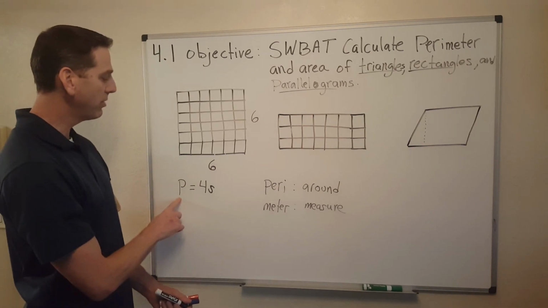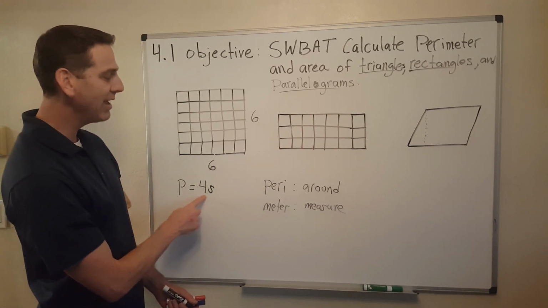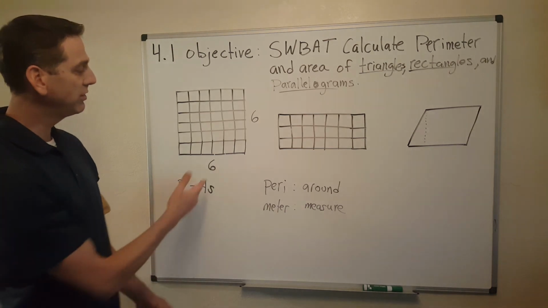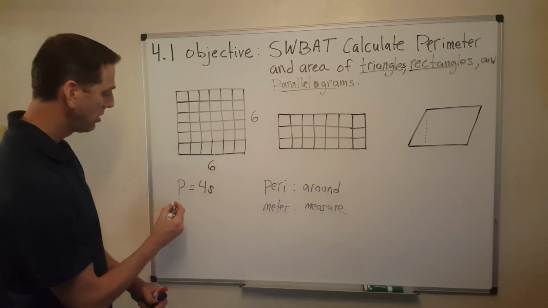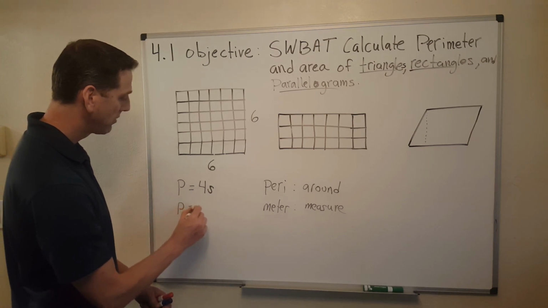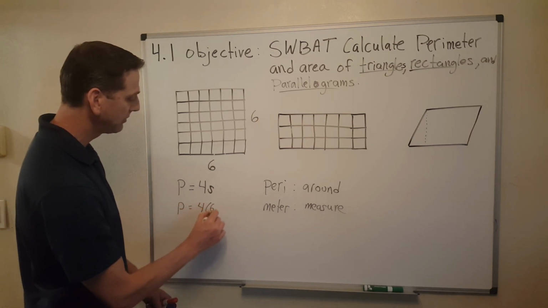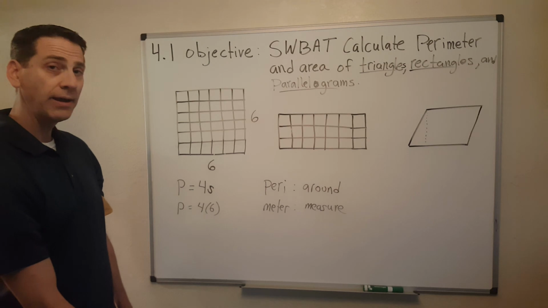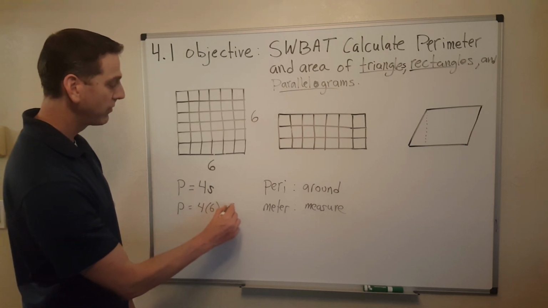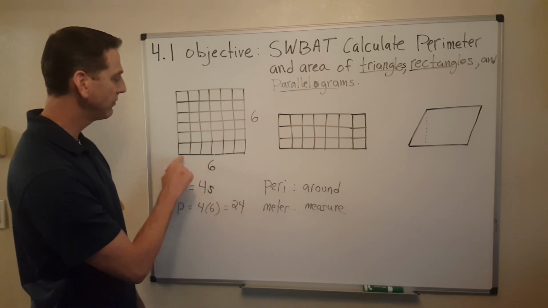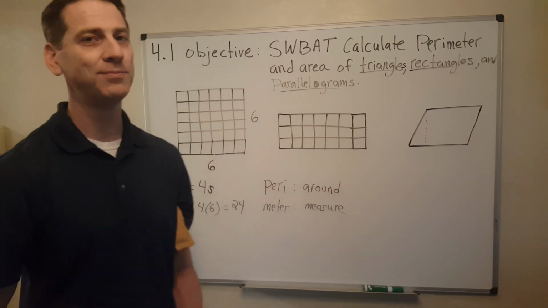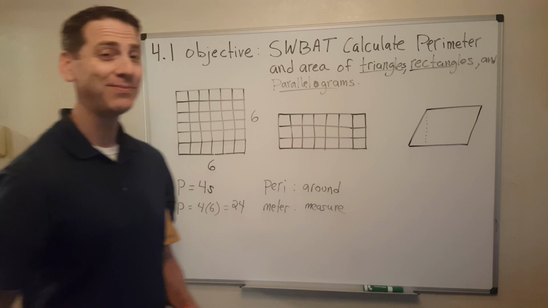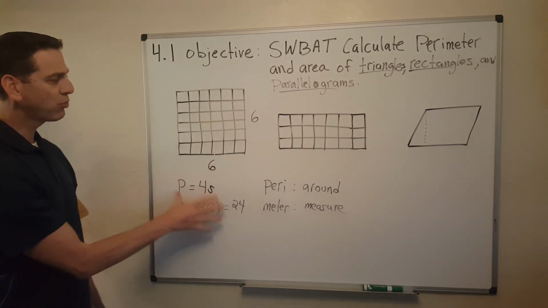So I can find the perimeter by just multiplying the sides by 4. So in this case, the sides are 6, so I just go 6 times 4, or 4 times 6, right? And I get 24, right? So if I were to count each one of these, I would get 24. But it's much faster if I multiply, right? Okay, so that's perimeter of a square.